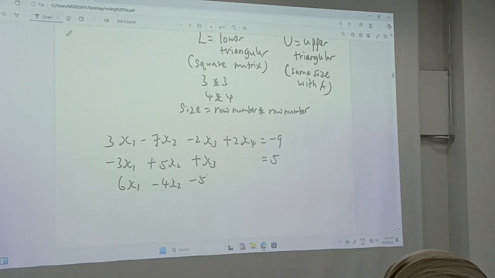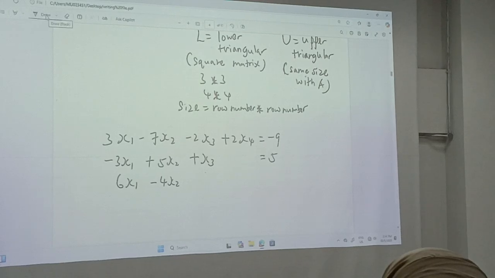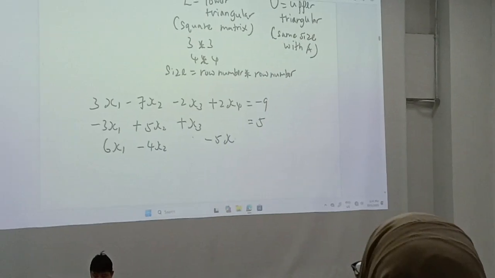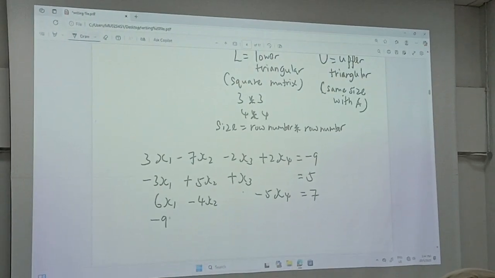This should be on this side. Here, negative 5.